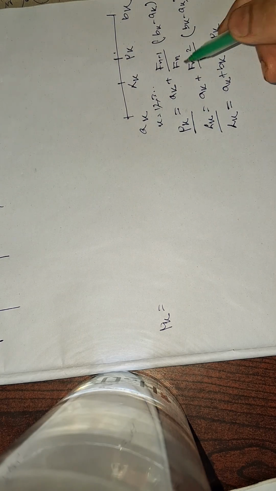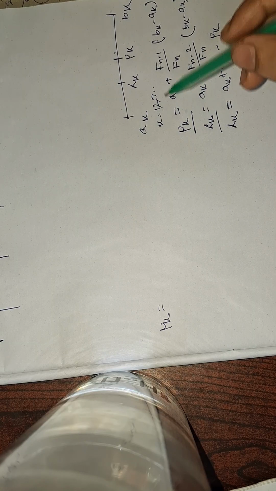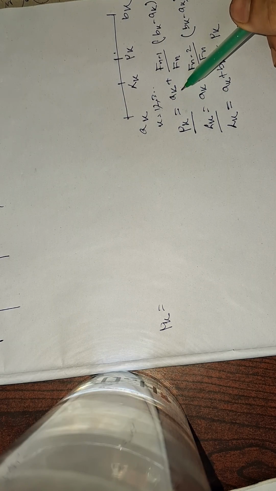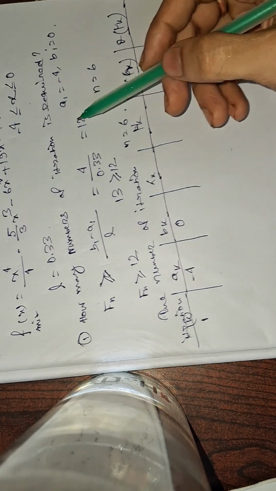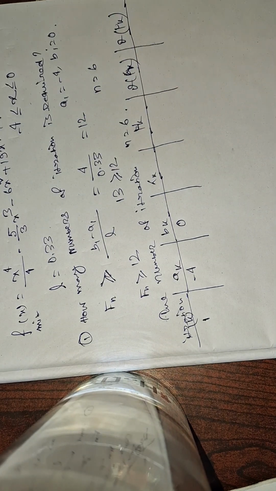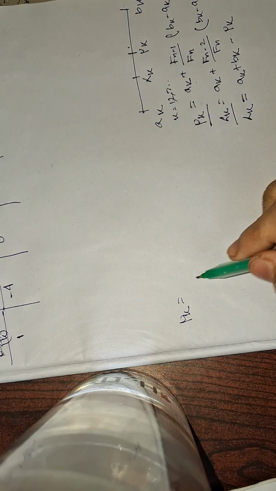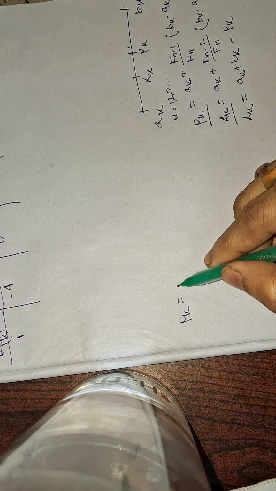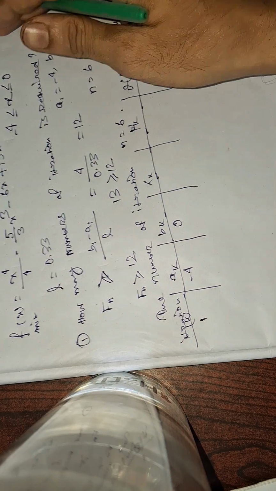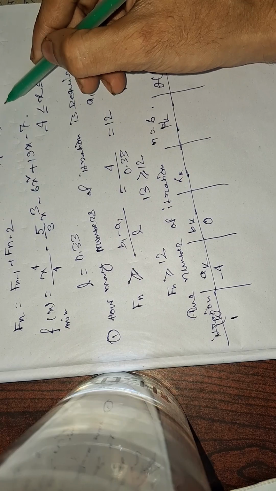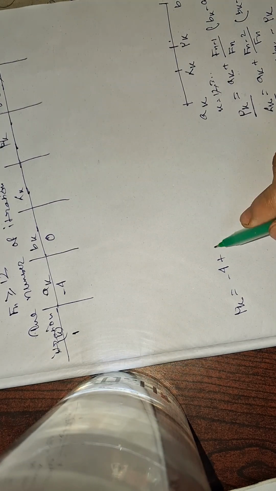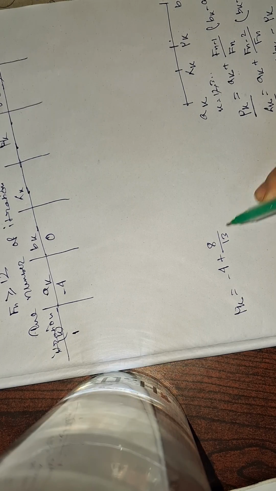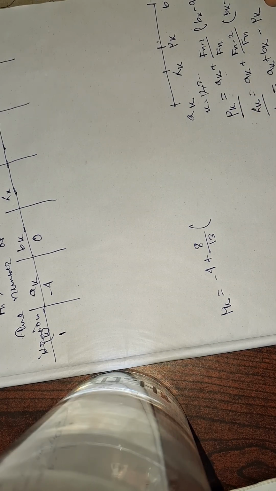So we put these values, a1 is given as minus 4 and b1 equal to 0. So minus 4 plus f of n minus 1, where n equals 6, so f of n minus 1 is 8, so 8 by 13 into (bk minus ak).